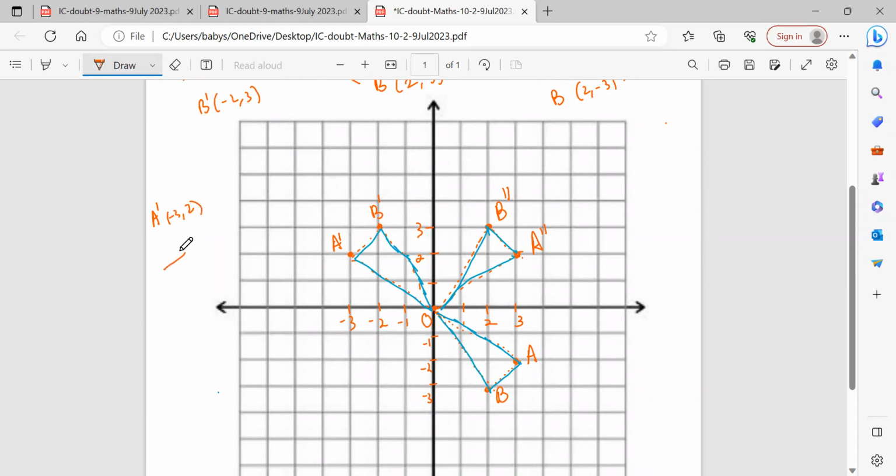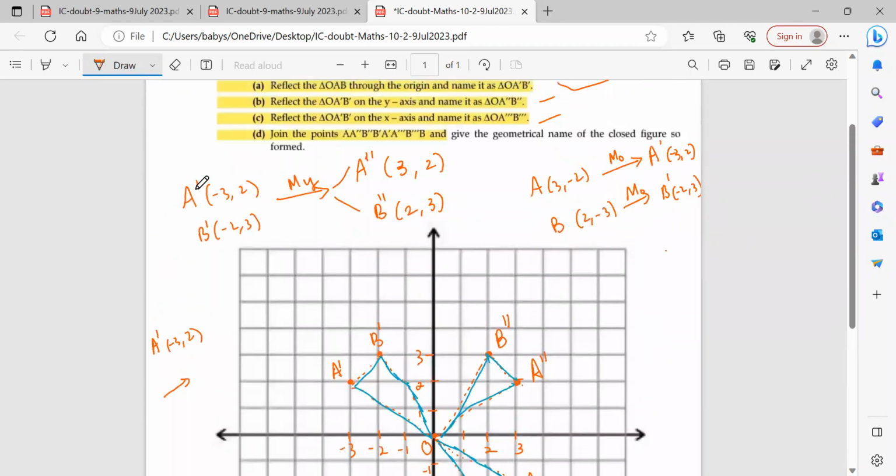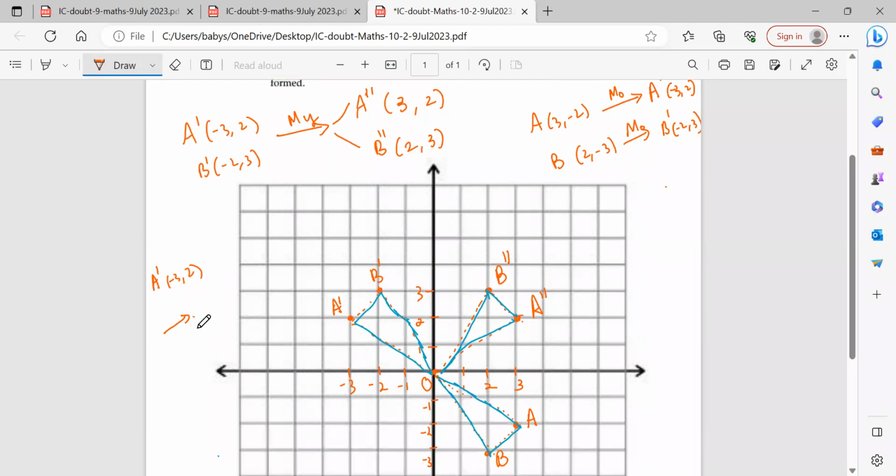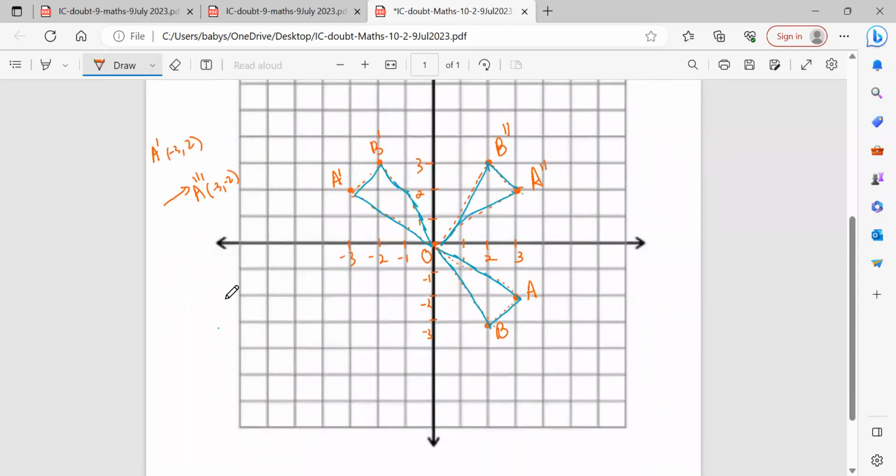You reflect it about the x-axis and you're going to get A triple dash. The x-axis doesn't undergo change. It becomes minus 3, comma minus 2. Fourth quadrant, third quadrant. So minus 3, comma minus 2. This is your point A triple dash.